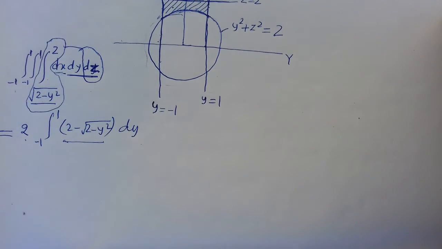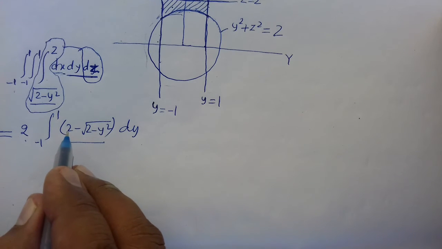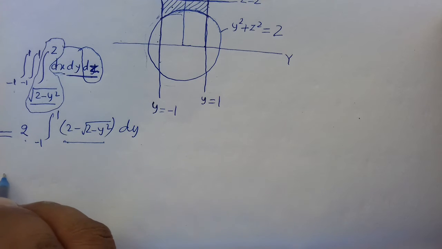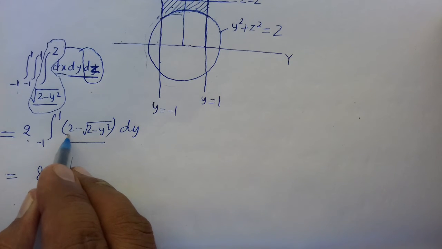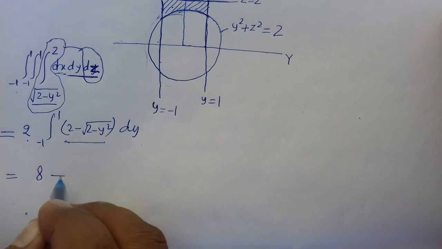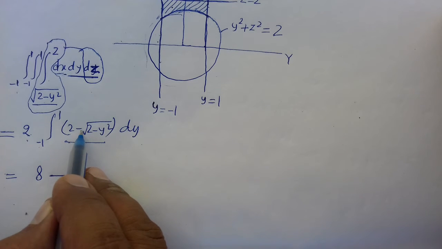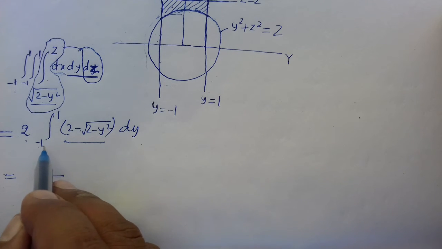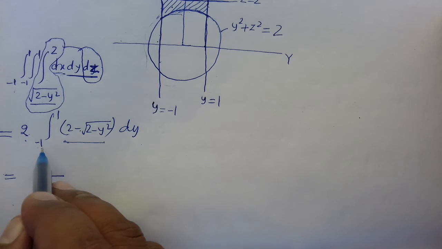If you go for this, 2 is a constant, so here will be 8. Integration of 2 dy with this limit will be 8, and thereafter, if you change the limit, because y square is an even function, you can change.